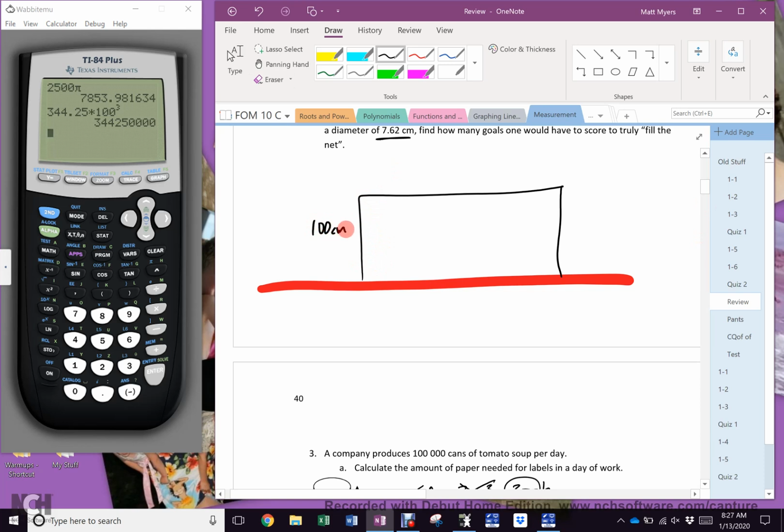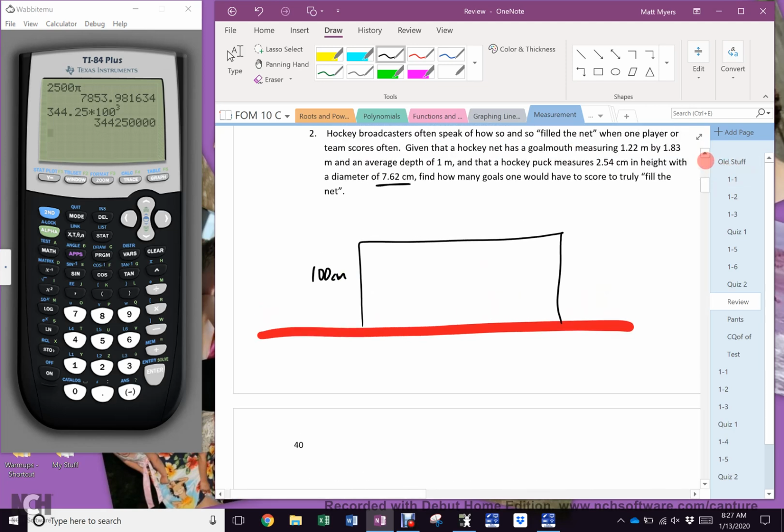It's an average depth of 1 meter, right? And this distance was 1.83, yes? Everyone agrees? Okay. A puck has a diameter of 7.62, yes? So I can put 1 puck there, and that is 7.62, right?